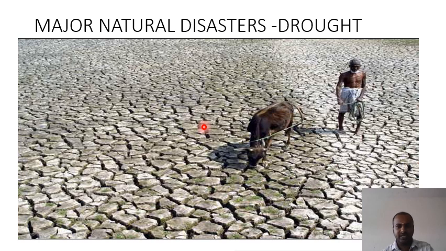If the water is in high quantity it causes damage, and if the water is in poor quantity it also causes damage. High quantity is a flood, poor quantity is a drought. So both are problem conditions. We should maintain everything within limits, in the correct proportion. That is very important for all disasters.